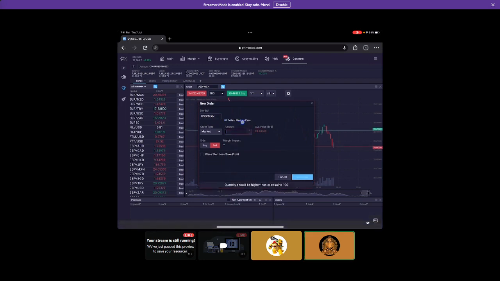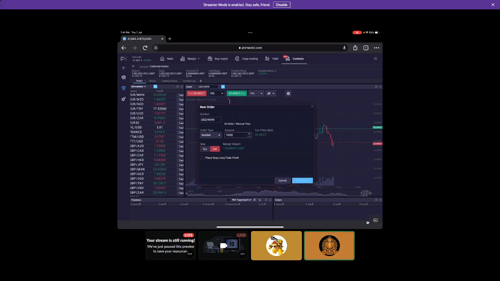So because we're in US dollar against the Mexican peso, let's say we want to do 1,000 contracts, and that would equate to a margin impact of 1.3648 USDT. So for every 1% move, you'd be making or losing 1.34045.